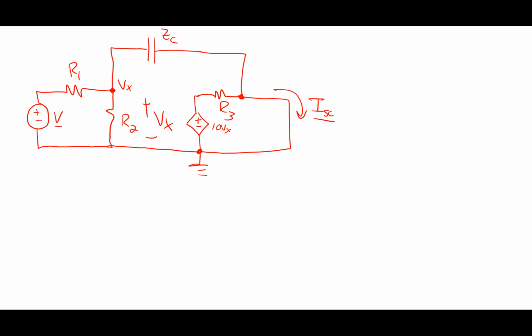What's true about this node right here? It's 0. Now, actually, I could solve for this node too, right? I don't know what that is. I mean, I know that it's 10 Vx. I have one node to solve for, but I have 2 KCLs to write. So I'm inclined, with 5 minutes to go, to pick this one up in recitation. So why don't I stop early and we'll do it in recitation.